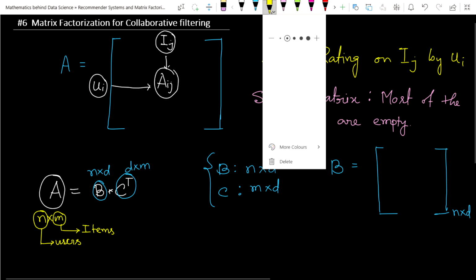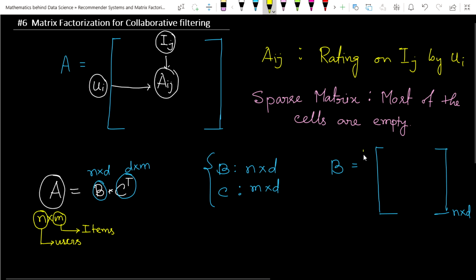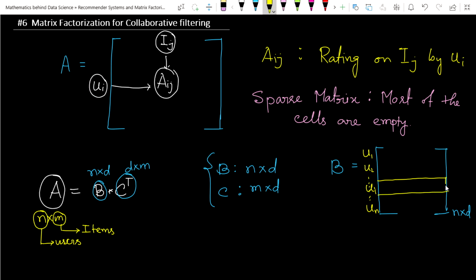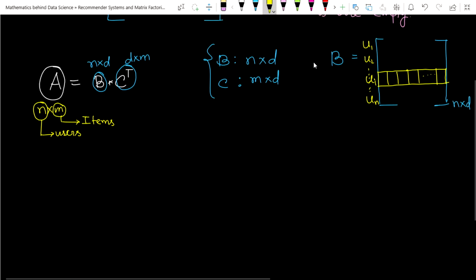You can think of it like this: user 1, user 2, up to user N. For each user, take an arbitrary user u_i, there is a corresponding d-dimensional feature vector for this user i. You can consider the B matrix like that, and similarly you can consider the C matrix.